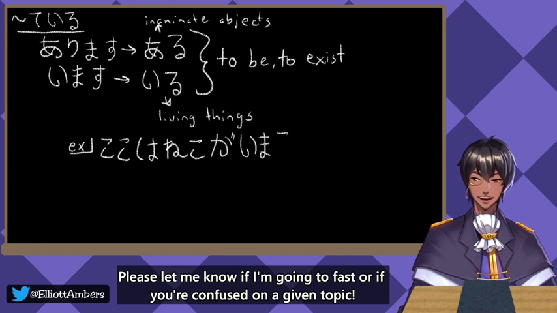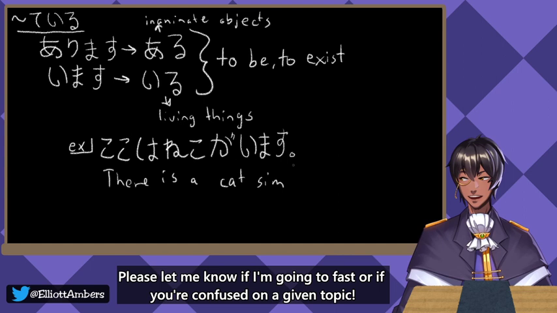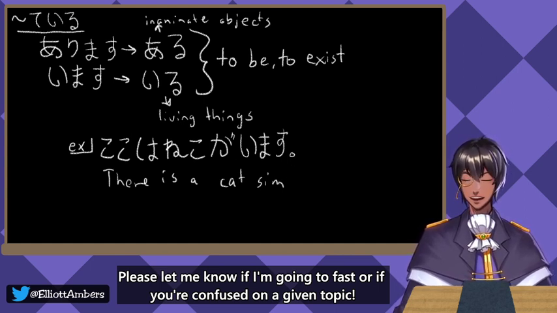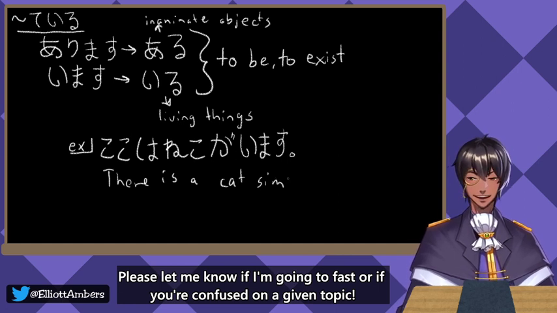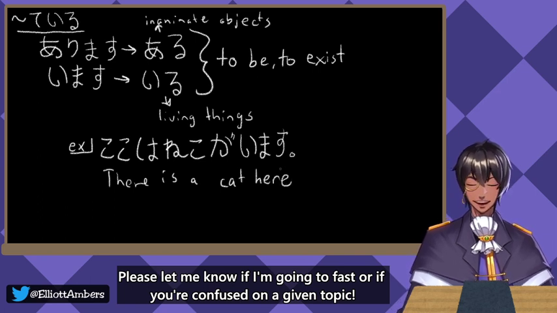Imasu is just the conjugated form of iru, the present positive, and this means there is a cat here. Very simple. We've talked about the imasu and the arimasu, how to use it to refer to things that are nearby, things that exist around us. There's a cat here.